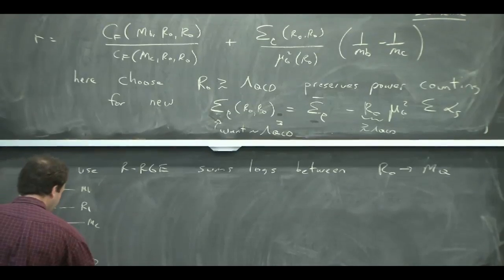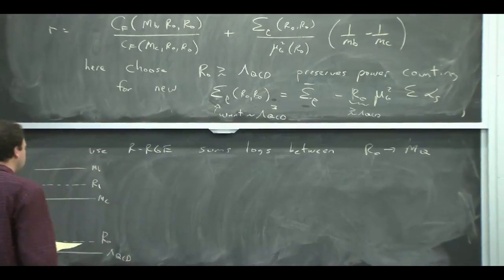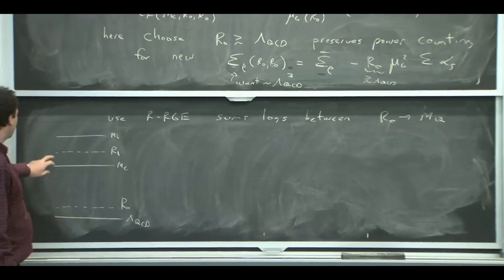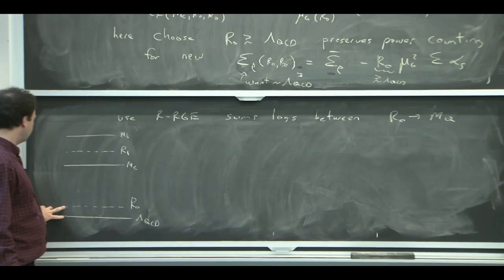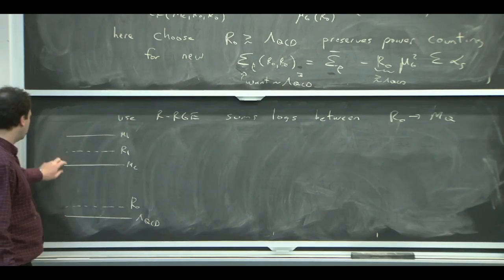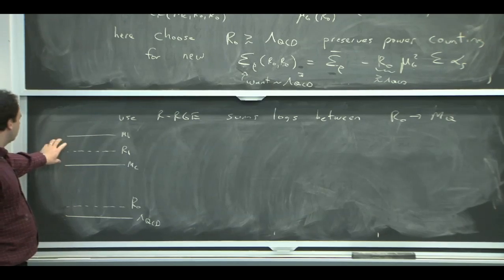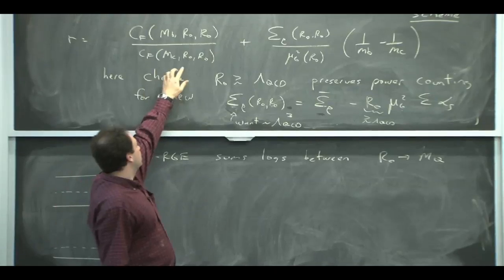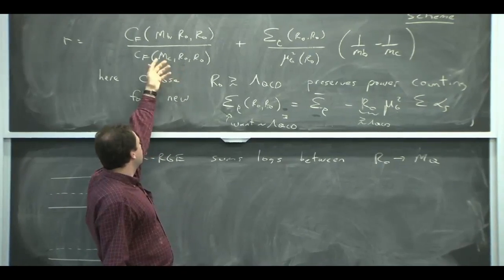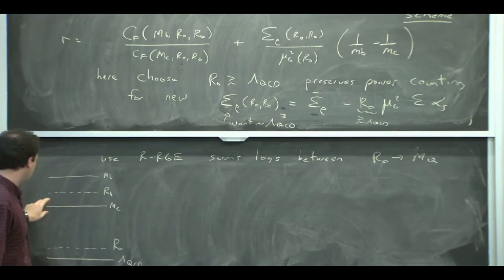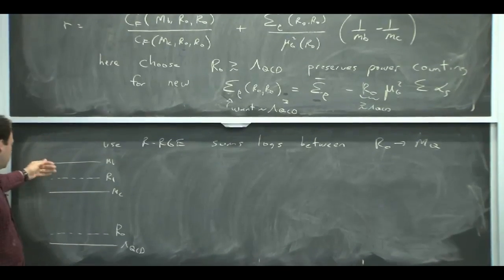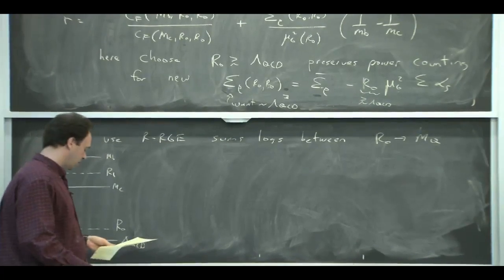So here are the scales. You have 3 physical scales: B quark mass, charm mass, lambda QCD. You have 2 cutoffs. You have R0, which I just told you should pick to be close to lambda QCD. And then you could think that there are these other scales, MB and M charm, and if this is some low scale and that's some high scale, I'd like to sum logs, and I can do that by running up from R0 to R1, which in this case I'll just pick between MB and M charm.